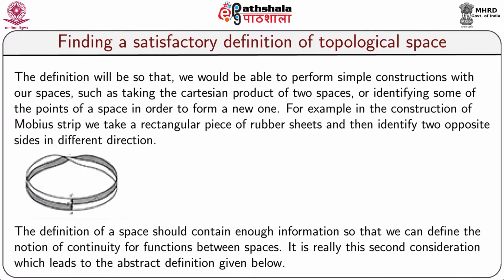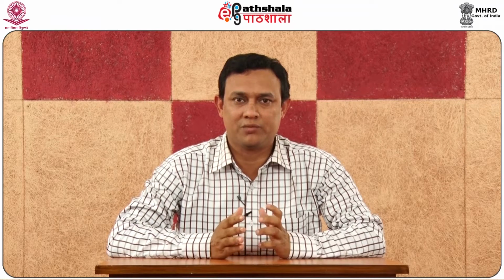Let us consider a very beautiful example of topological spaces, which is called the Mobius strip. One beautiful example of a geometric object is the Mobius strip, which you have seen in the last slide. To construct a Mobius strip, let us take a plain piece of rectangular paper, then identify the left side and right side, making the direction opposite.